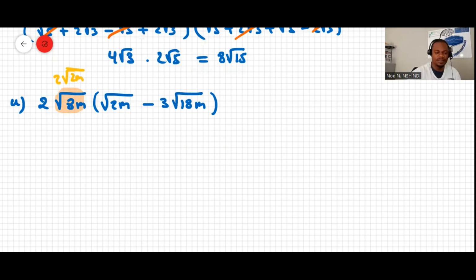This makes 4, because this 2 times that makes 4. 4 roots of 2m, open brackets, root 2m minus, also of the 18 here. 18 is the same as 3 root 2, and then with the m. You can check in the calculator.